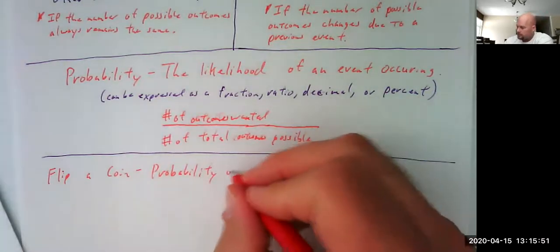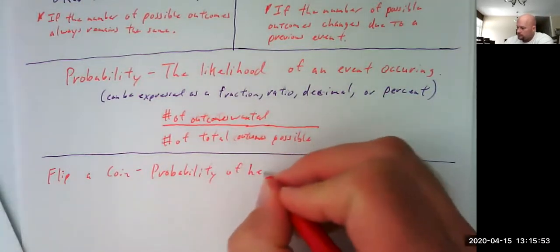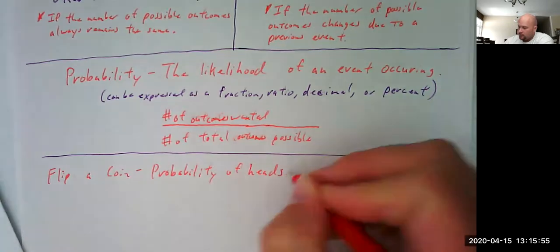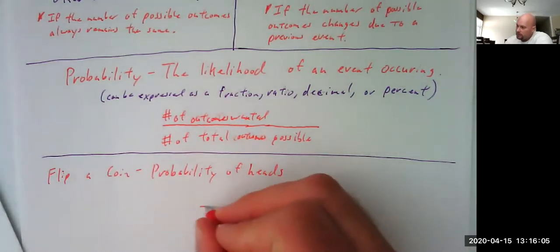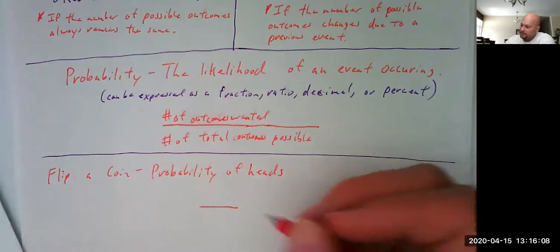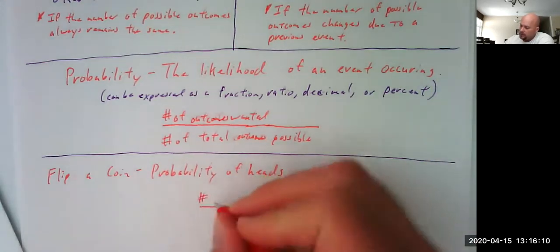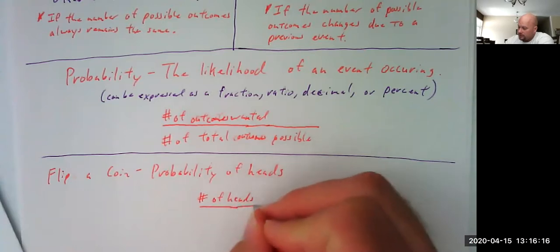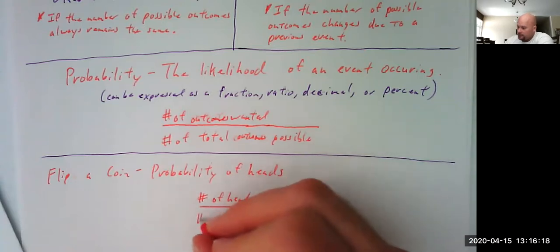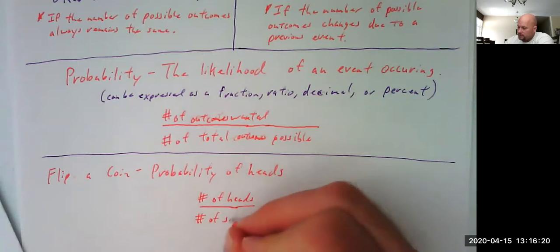So when you flip a coin, the process of flipping a coin, that is an actual event. And there are two different types of outcomes that can occur from that event. So if we're finding probability of a coin flip and we want to know the possibility of getting heads, we'd have the number of times you could get a head by flipping a coin. So number of heads out of the number of sides of the coin, right?